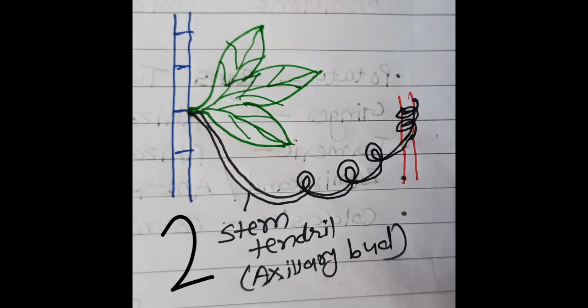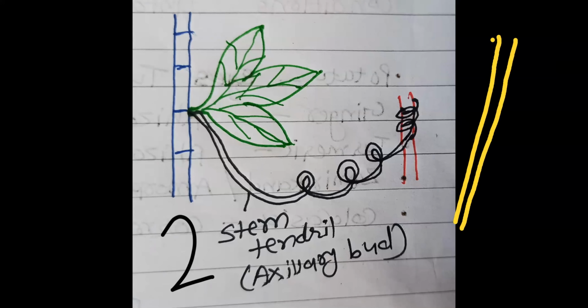Next part is stem tendrils. Now, first of all, understand those stems which are very thin and weak. If the stem is very, very thin and weak, can you tell me, can this type of stem remain erect by itself?